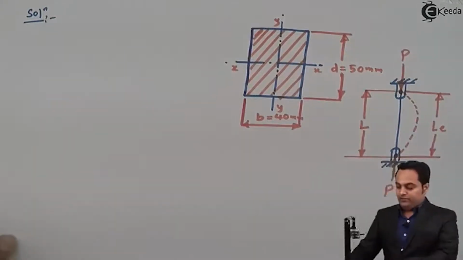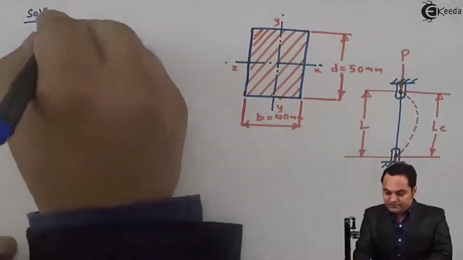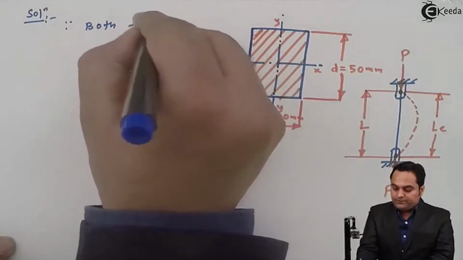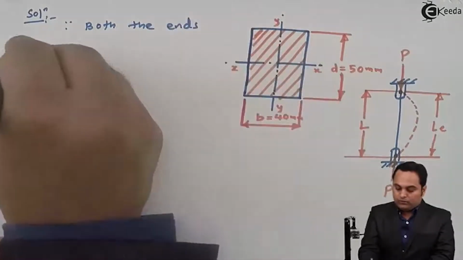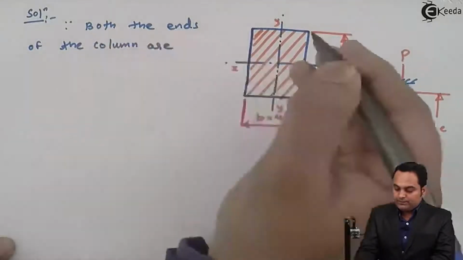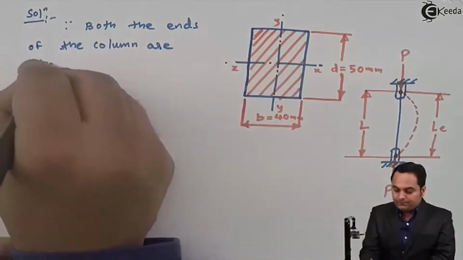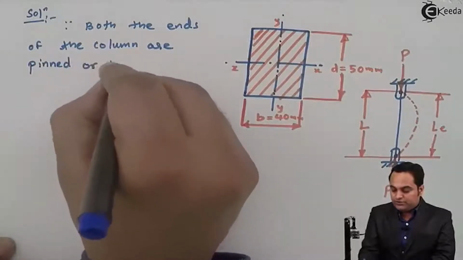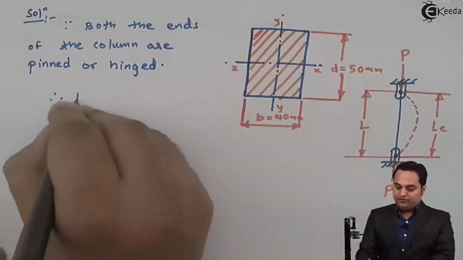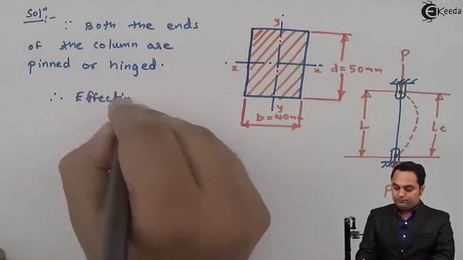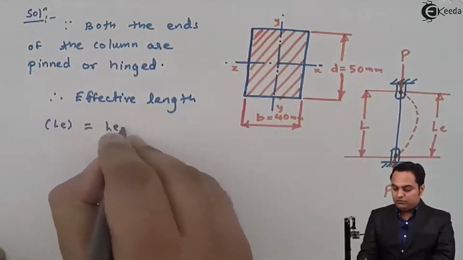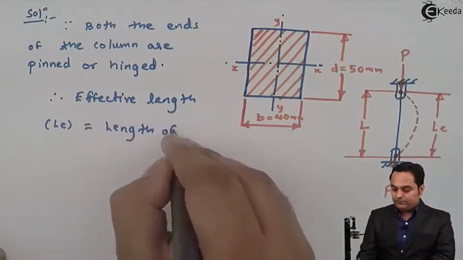So now, the first thing which I'll write here is, since both the ends of the column are pinned or hinged, therefore effective length L suffix E will be equal to the length of column.